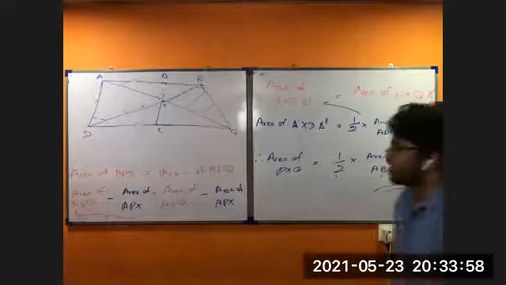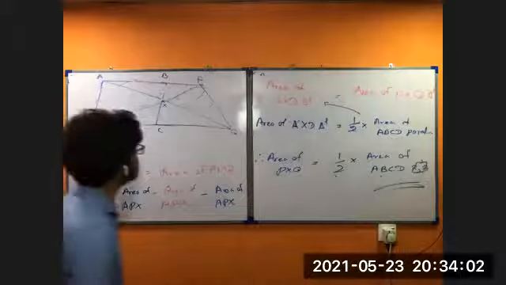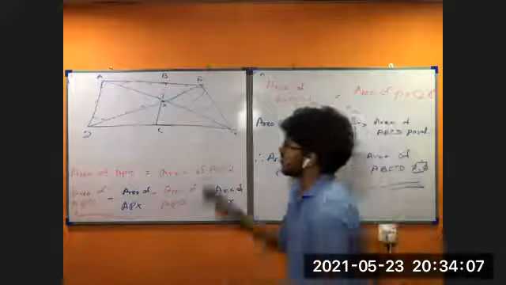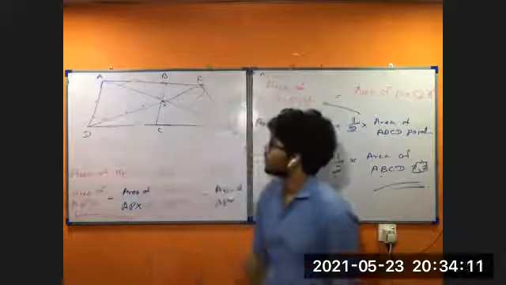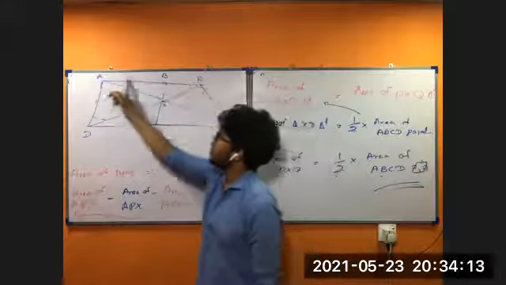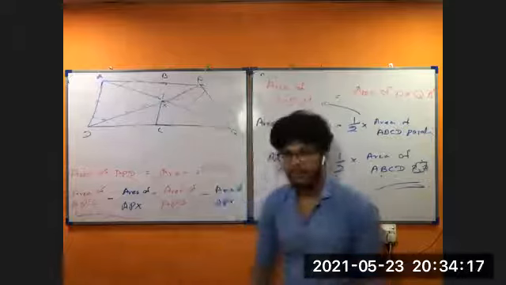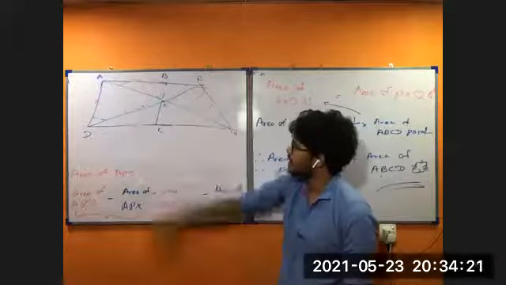Done, right? So what did we do? First, I checked what are the possible triangles that I can take. By using this one, I was able to get one thing. Or else I could have taken the top two triangles. All these triangles are equal in area because they have the same base and are between the same pair of parallel lines.